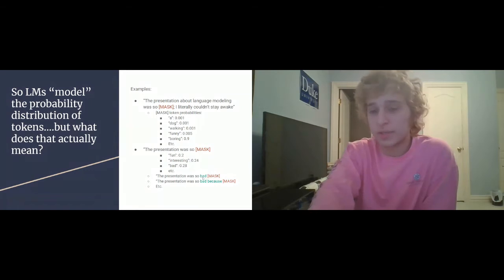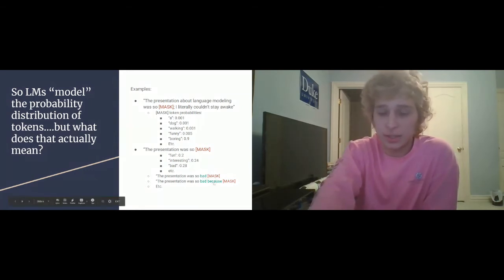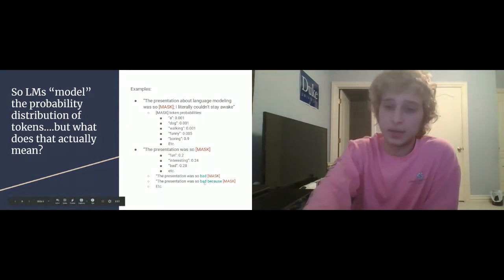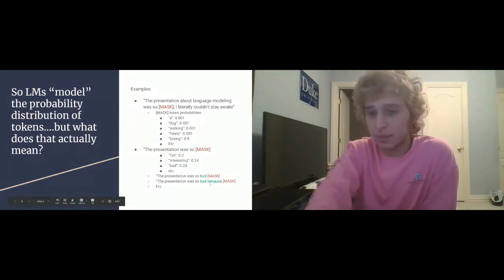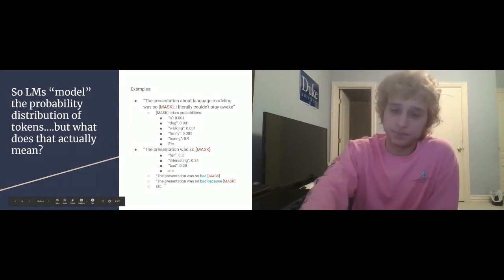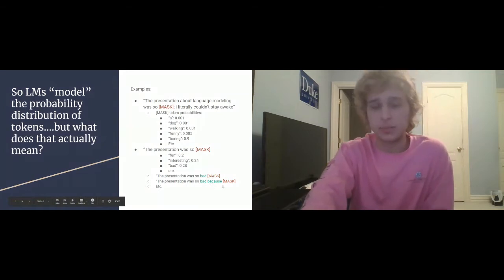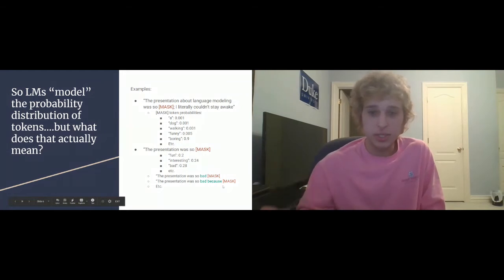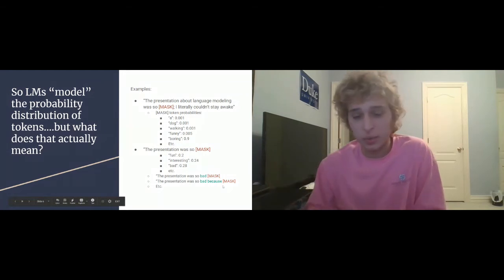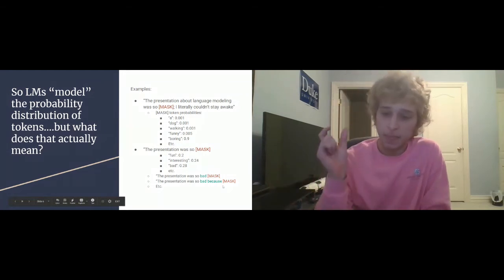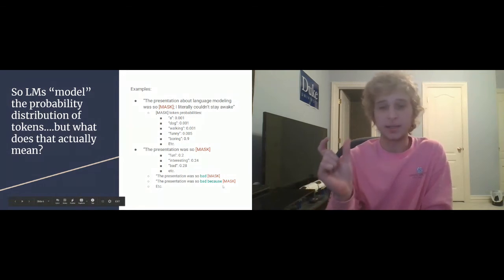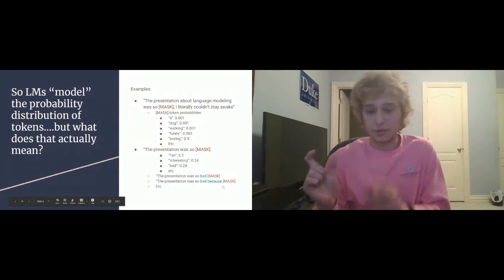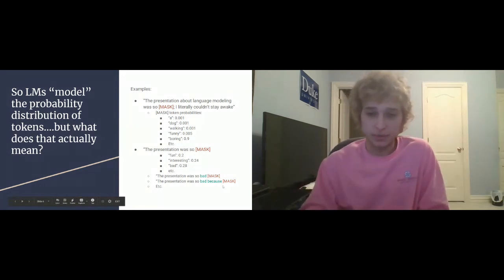And you can keep doing this. Maybe the model thought the word "because" is high probability. Then we can feed it back in, take the model's output, which is now "bad because," and use that as the new input. You can keep doing this, and you can see how you can use this to generate text with a language model, just by putting the mask at the end and feeding the output back into itself.